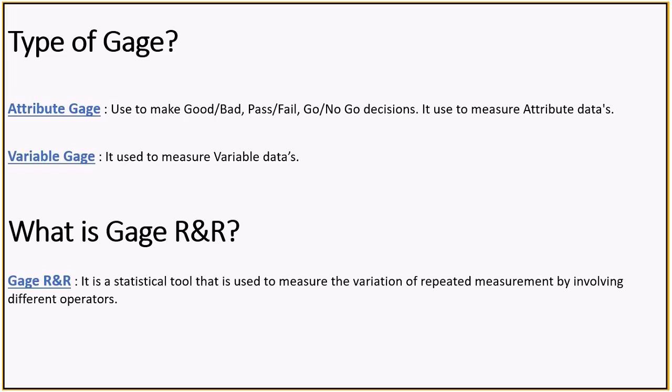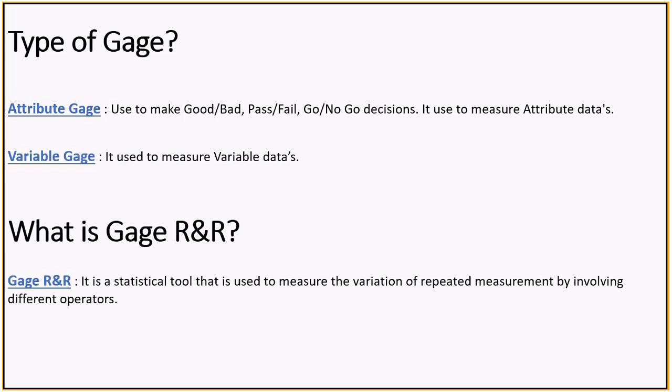Okay, and then you will start this gauge R&R study, and you also need to understand that every measurement will be at least twice. So if I am measuring part number A, I am an operator, so I will measure at least two times, maybe at a different time frame.